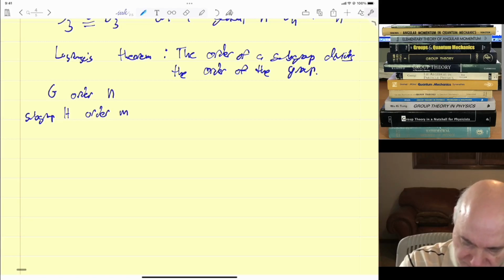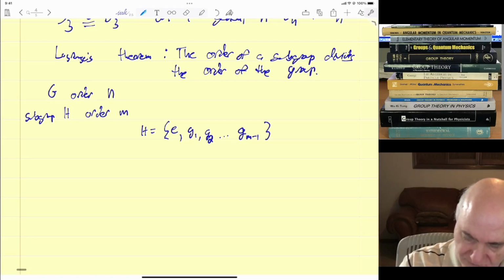So let's just list the group H. So H is going to be equal to E, let's call it G1, G2, all the way up to GM minus 1.